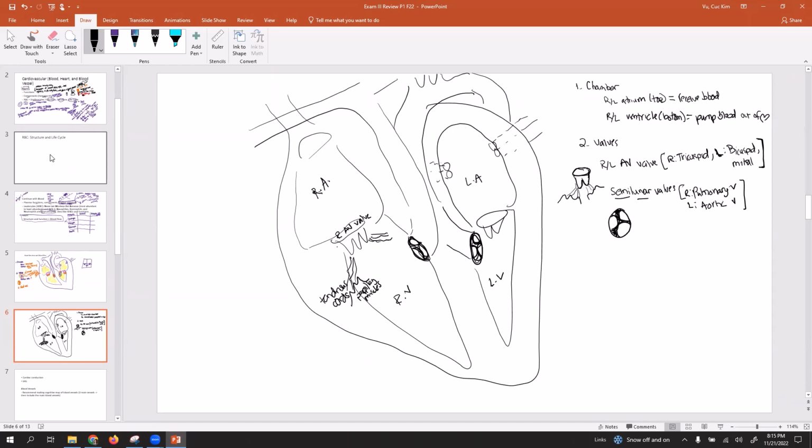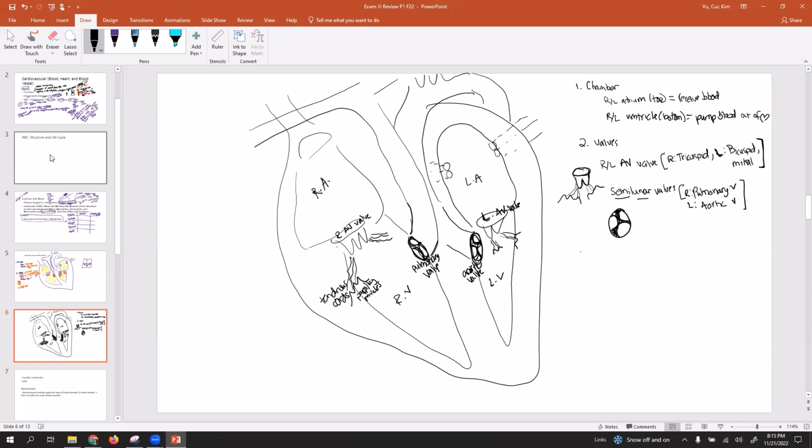On this side we have the left AV valve, and same thing, there would be the tendinous cords that link them down along with the papillary muscles. This one right here, because it's attached to this blood vessel, makes it the pulmonary valve. And this one, because it's attached to the aorta, we call the aortic valve. Okay, so those are the valves.